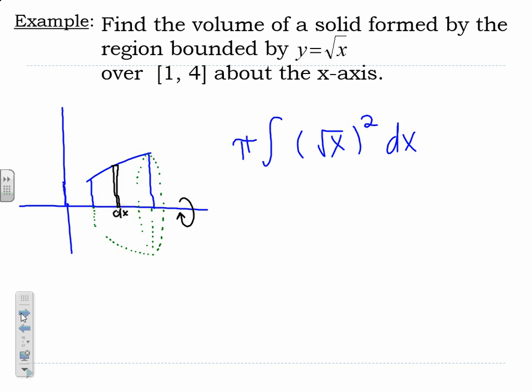Okay, well, what are our limits of integration? Yeah, that's nice. They give it to us, right? Okay, I'm going to give you about a minute to get through this integration. If you have a question about the setup, then you can catch me as we're working here.